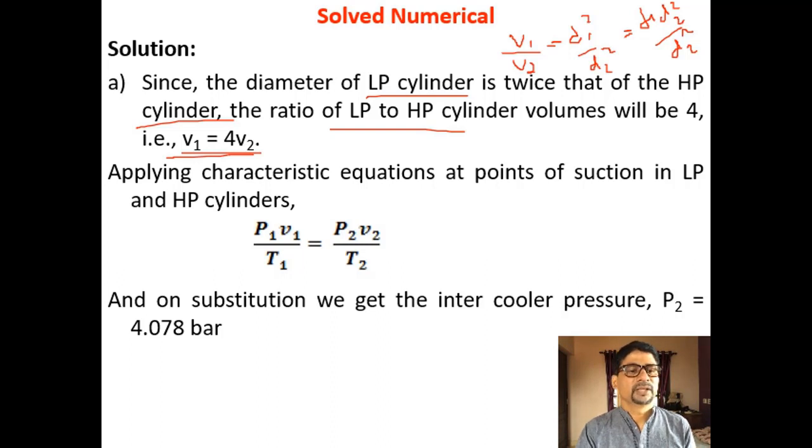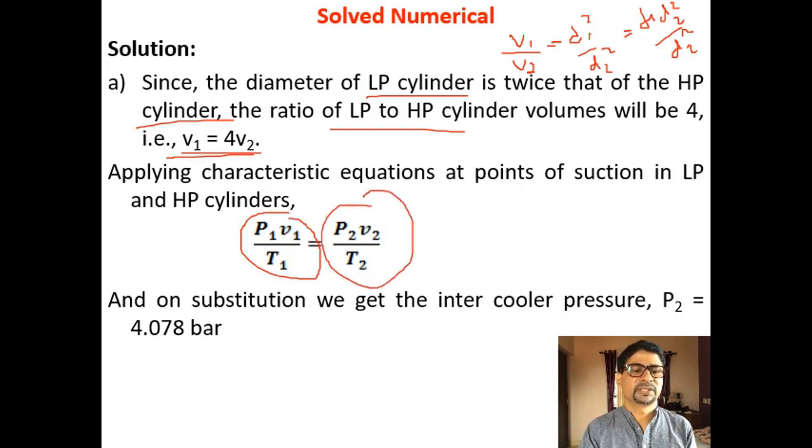Applying the characteristic equation at points of suction in LP and HP cylinders. If I assume state 1 for the suction of LP cylinder and state 2 as the suction conditions for the HP cylinder, you get P1 V1 by T1 is equal to P2 V2 by T2.